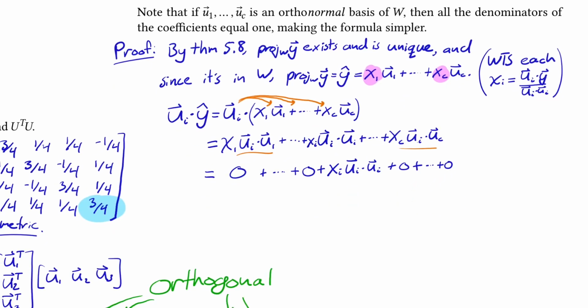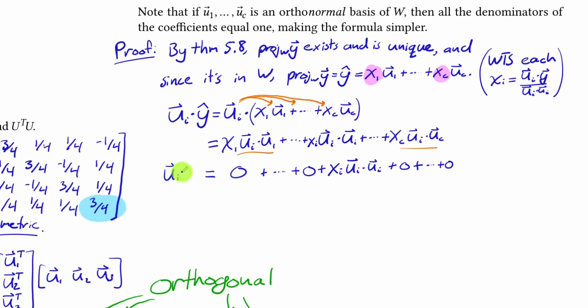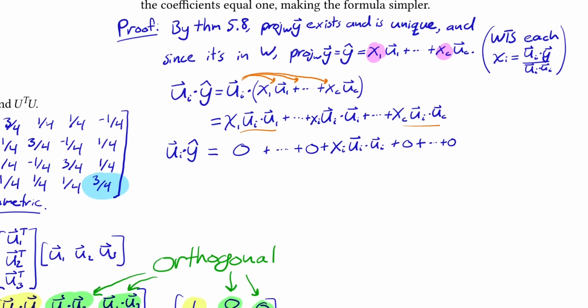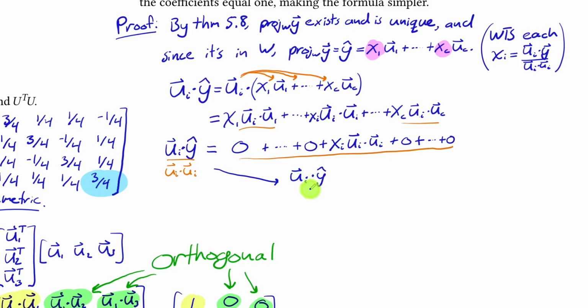So, in other words, ui dotted with the projection of y onto W is just equal to this part, because everything else must be 0. So if you divide both sides of this equation, everything here is just numbers, by ui dot ui, that gives you the formula we want.